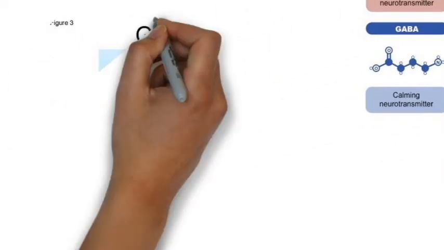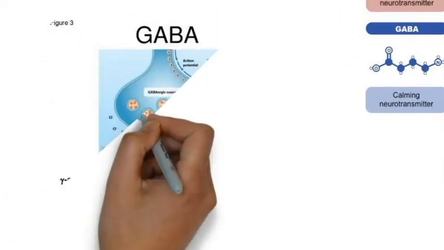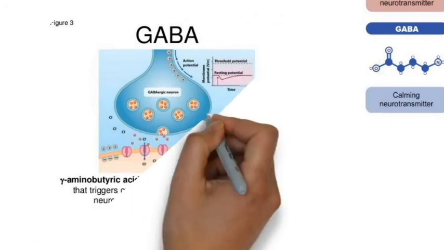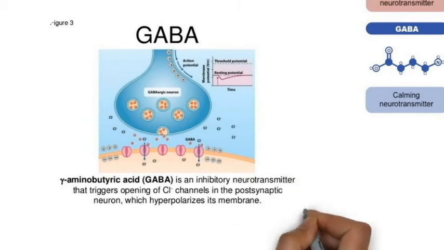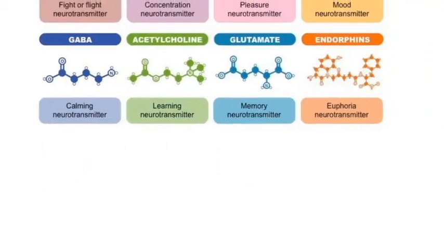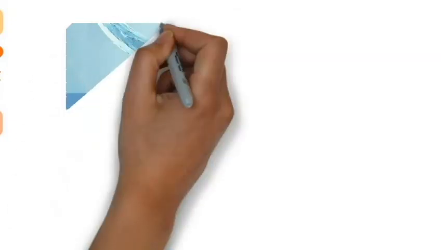And most long axon neurons forming projection pathways in the brain use glutamate, which is an excitatory neurotransmitter. Gamma aminobutyric acid, GABA, is also used by long axon pathways. But it is also a major neurotransmitter used by interneurons. And it is an inhibitory neurotransmitter.